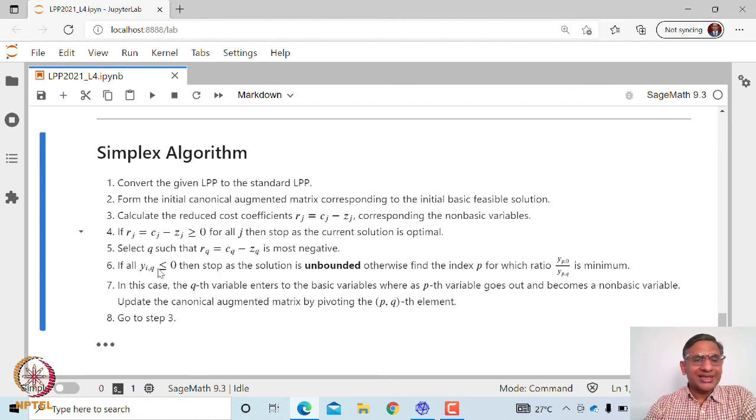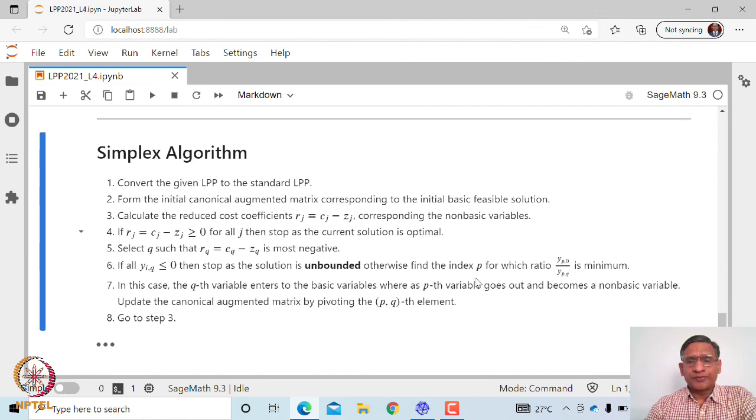But in case all the entries in that incoming column, that is the qth column, are less than or equal to 0, then we cannot form the ratio. So in that case, this problem is unbounded, because we already saw that in that case you can take any value of epsilon, so the function value will keep on decreasing as much as you want.